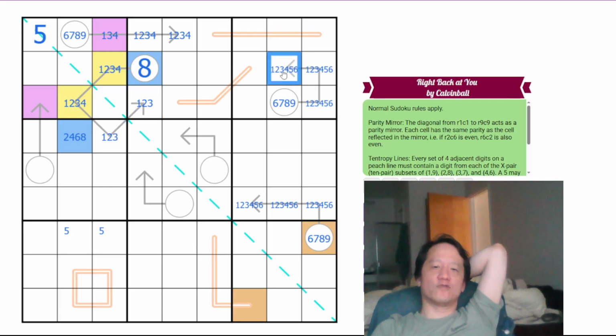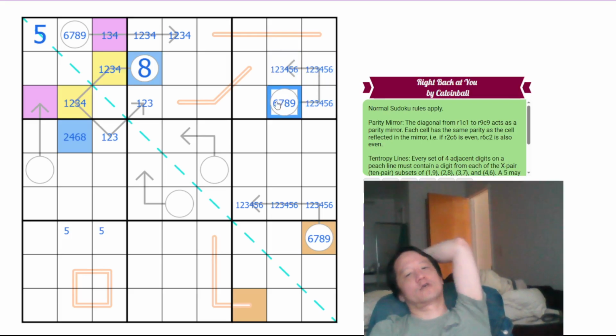Can this ever be 1, 2, 5 adding up to 8? Or 1, 2, 6 adding up... Okay, so 1, 2, 5 adding up to 8 does not work. Because... Well, I guess 2 could be here. And this would be 1, 3, 4, 8. That actually does work.